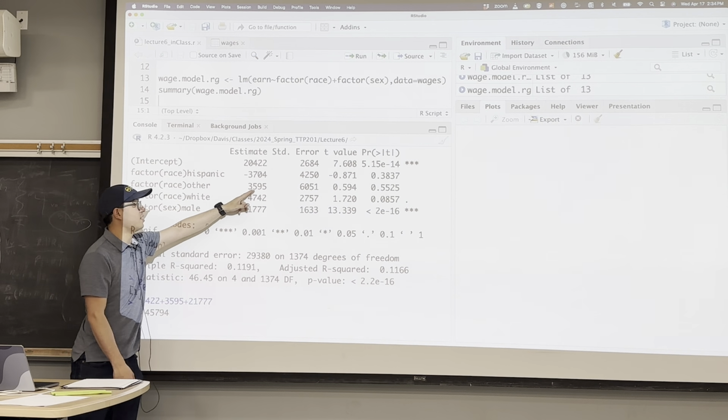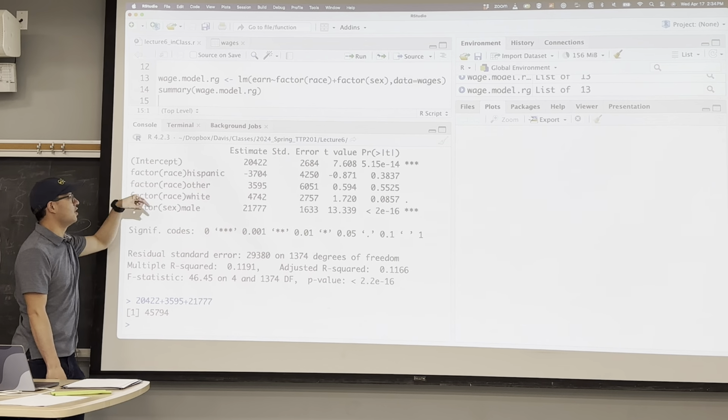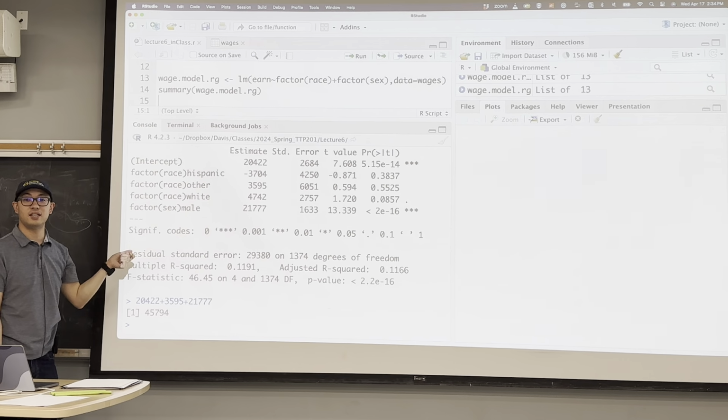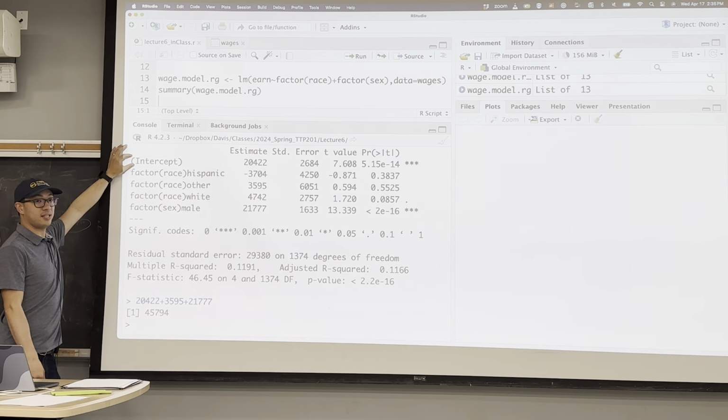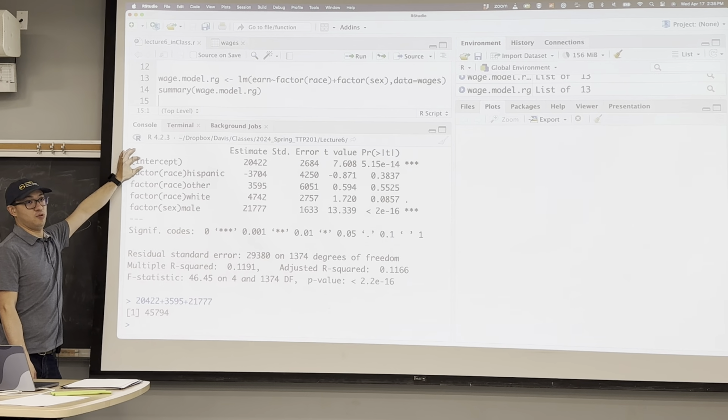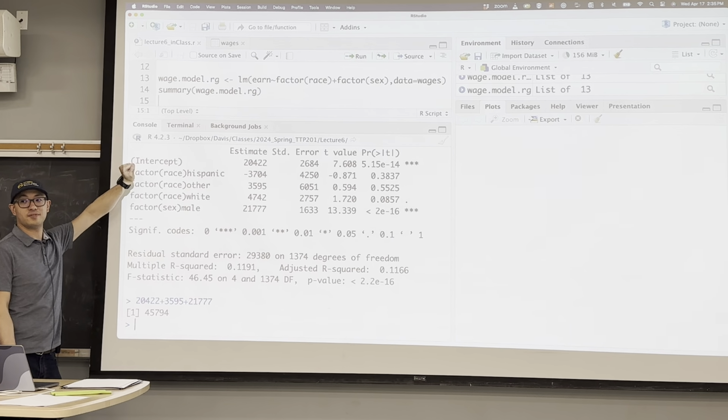So this being not statistically significant, which it's not, means that people of the other race have incomes that do not differ significantly from people of your baseline, which is if you are black. Okay?